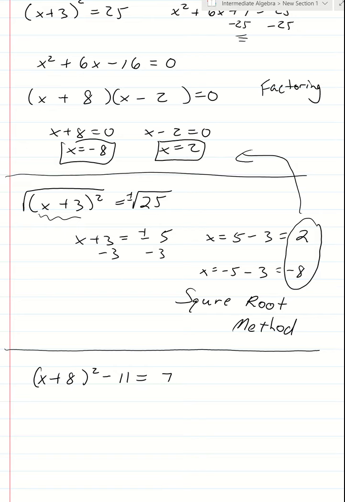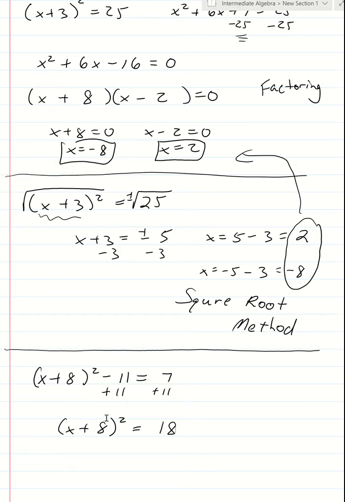We want to solve this for x. Once again, I'm going to use the square root method. I'm going to begin by adding the 11 over. And so now we would have x plus 8 squared equals, on the right side, 7 plus 11, of course, would give us the number 18.